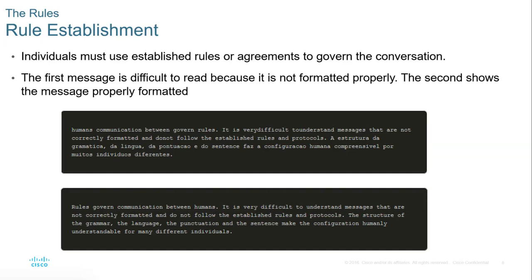So when you look at the two paragraphs here, the first is difficult to read because it's not formatted properly, but the second shows the message properly formatted. You can actually check through that. Even when it comes to the way we communicate with your friends, it's not the same way.